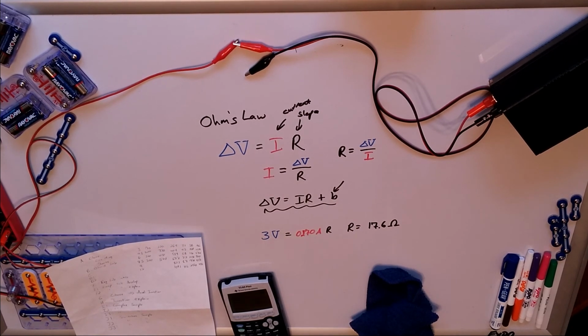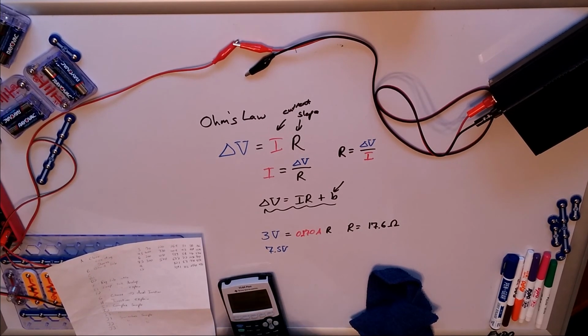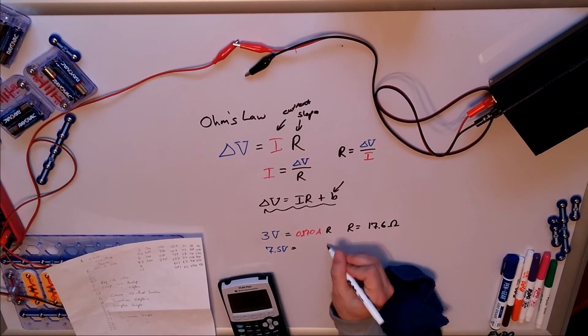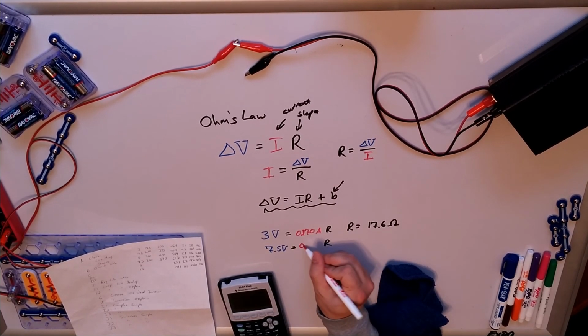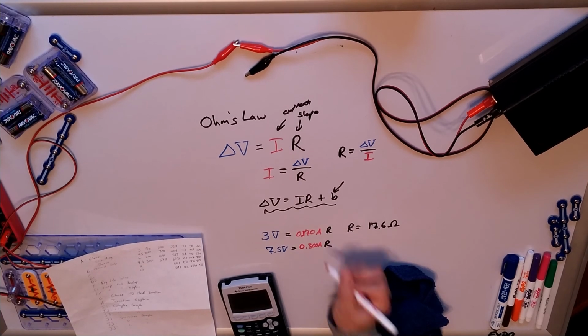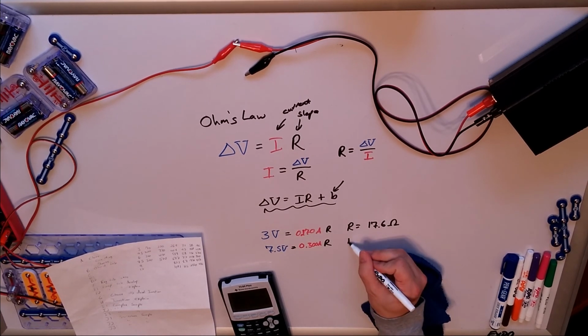In fact, if we take another one of their data points, let's say the 7.5 volts on the far end, and we said that that resulted in a current of 0.300 amp, 300 milliamp. So I take 3 divided by 0.300, and I end up with 10.